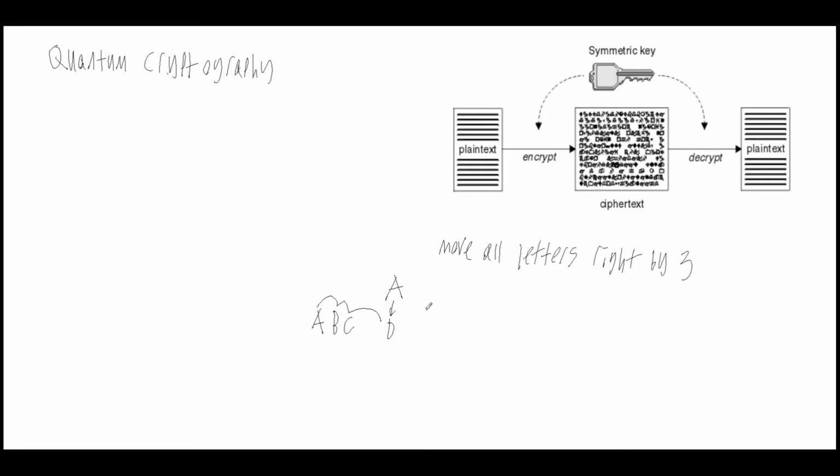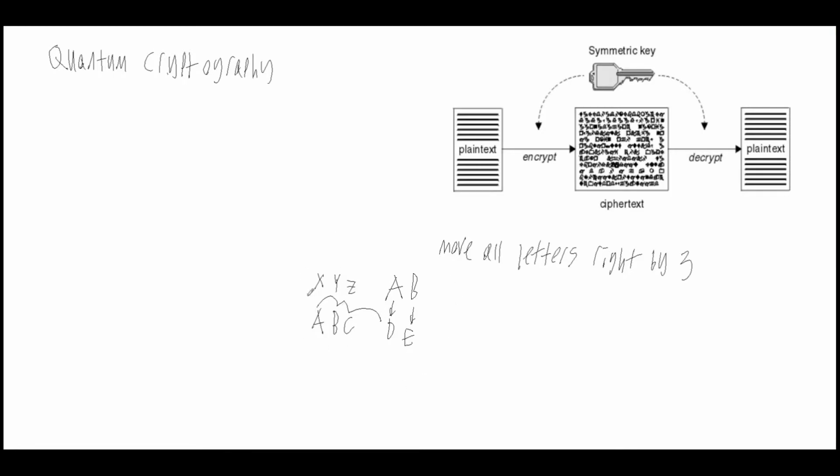So this becomes a D. And then if you had, say, a B, that would get turned into an E, and so on and so forth, so that everything's turned to the right, and eventually you get back around, and this will be X, Y, and Z after you move around the entire alphabet.